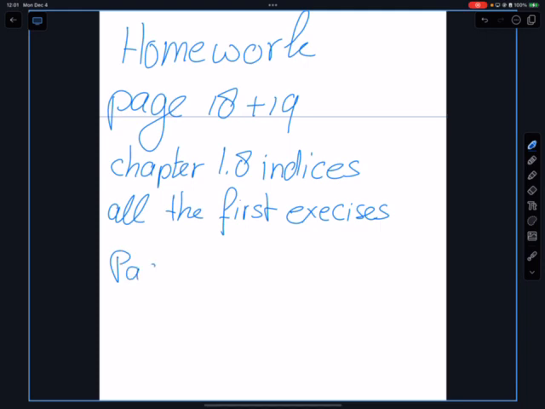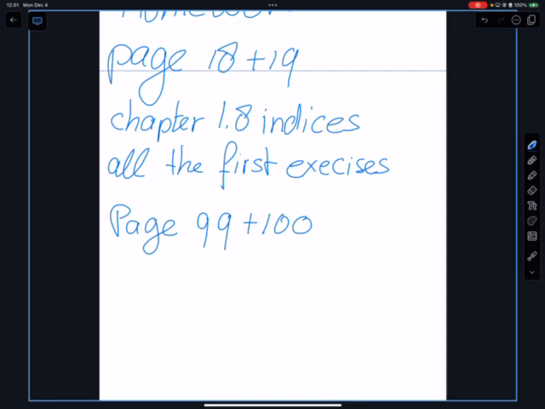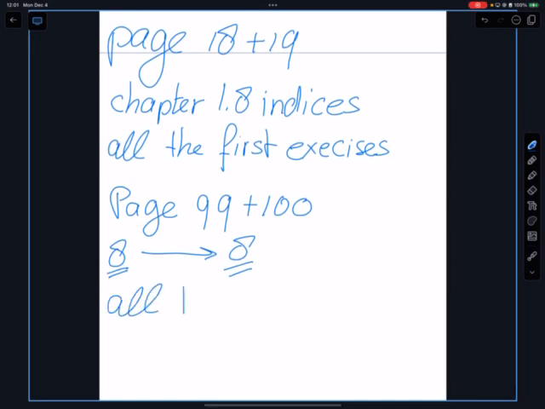And then we have page 99 and 100. Starting at 8 until 8 on page 100. All the last ones.